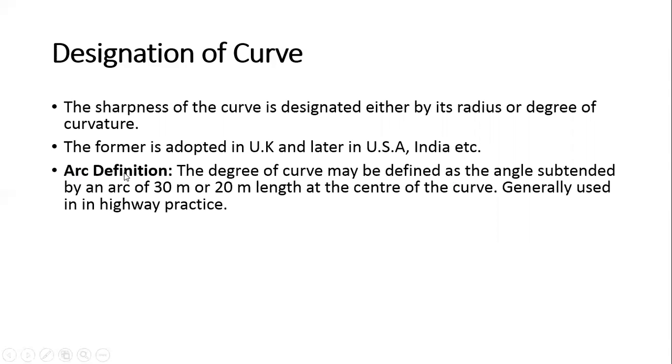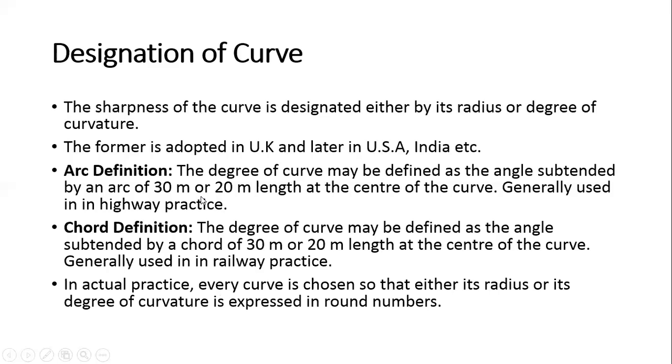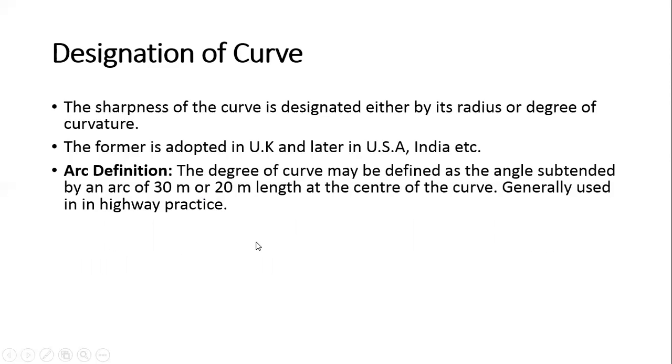So what is your arc definition? Arc definition means the degree of the curve will be defined as the angle subtended by an arc of 30 meter or 20 meter length at the center of the curve, generally used in highway practice. Suppose that this is my arc here, one arc.